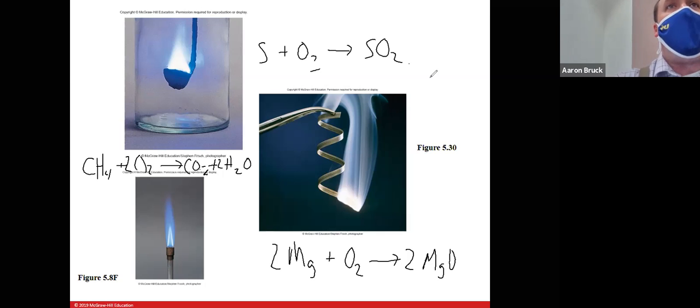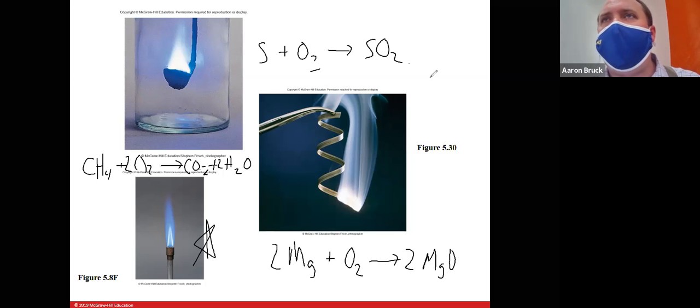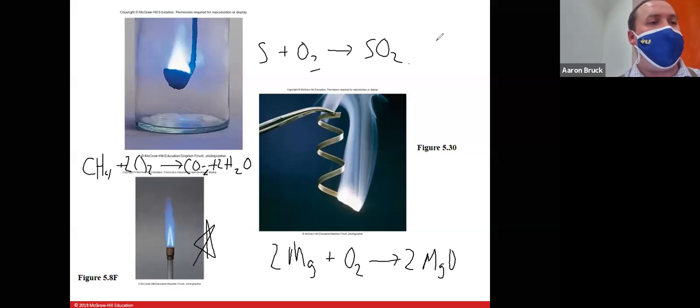So all three of these are technically considered combustion reactions. Again, this one here is probably the most common of the group because it is a hydrocarbon burning, it's a fuel burning. But these other two examples are also examples of types of combustion reactions.